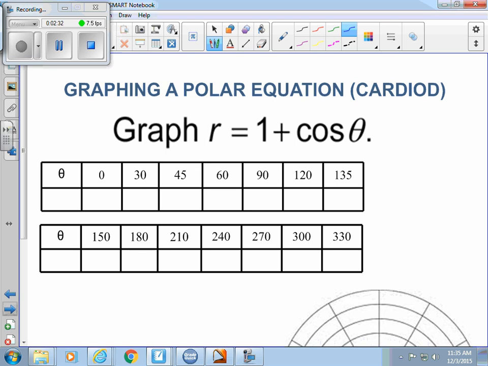Today we're going to learn how to graph polar coordinates by hand and in the calculator. It is going to be slightly tedious, but also somewhat fun because it makes some cool pictures.